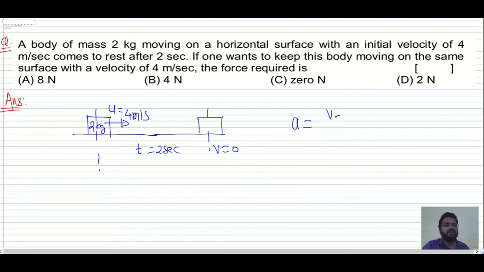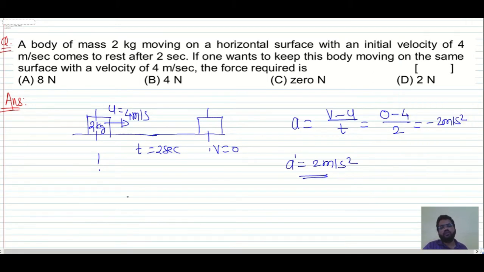It is the final velocity minus the initial velocity divided by the time. So which is equal to, what is the final velocity? 0 minus initial velocity 4 divided by time is 2. So it is minus 2 meter per second squared is the acceleration. So deceleration we have is 2 meter per second squared. That is the retardation we have. So force required is equal to mass into whatever the deceleration is there.